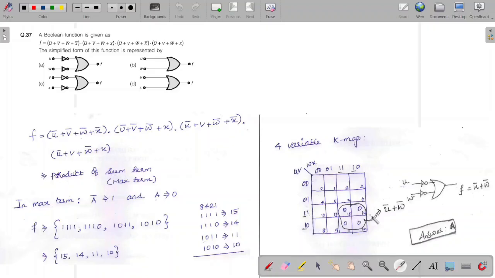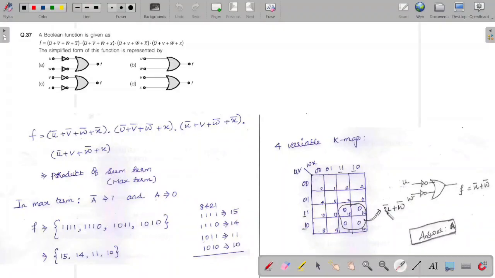It is 1, so in complemented form we have to use u bar, plus on this wx side, the common term between 11 and 10 is 1, which is equivalent to the w variable. W is represented by 1, so complemented form, so u bar plus w bar.